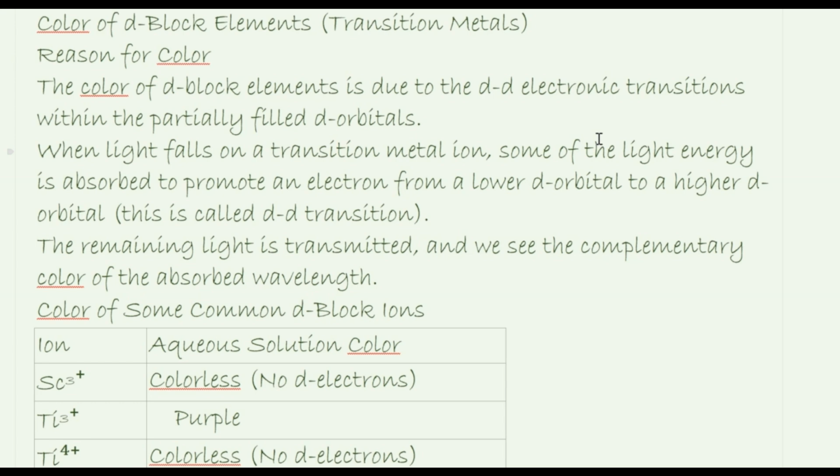Then color of the d block elements. Why do they form colors? First of all, the first reason is due to d-d transitions, d orbital to d orbital transitions within the partially filled d orbitals. That is the first reason.